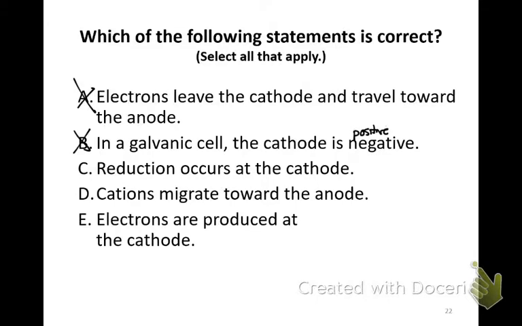Red cat, yes, this one is true. Cations migrate toward the anode. Nope, cations migrate toward the cathode. Electrons are produced at the cathode. Nope, they're produced at the anode because they leave the anode and travel toward the cathode.